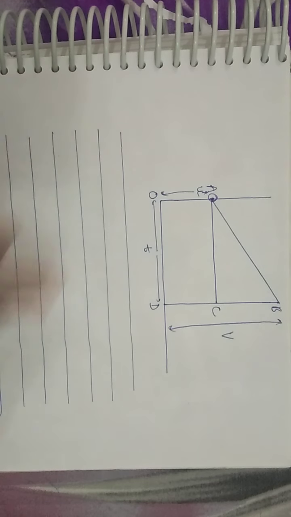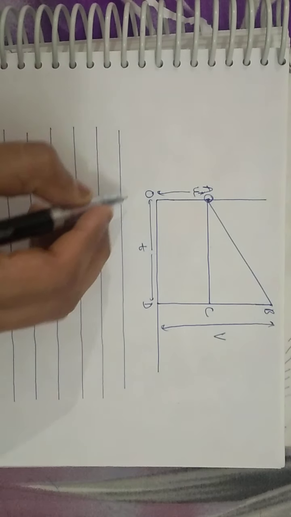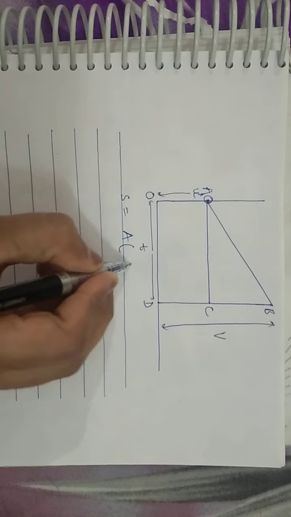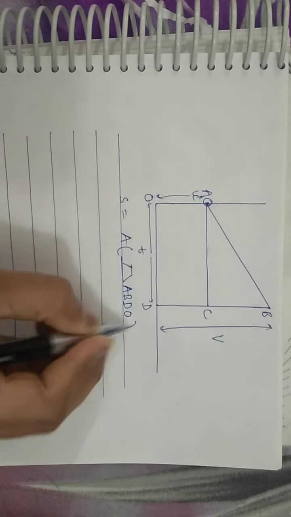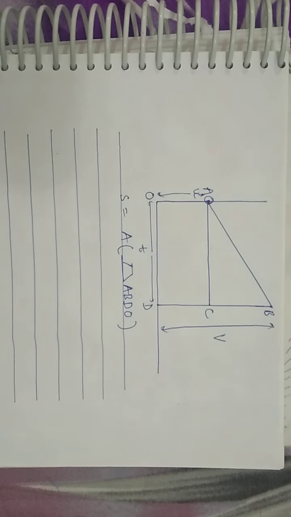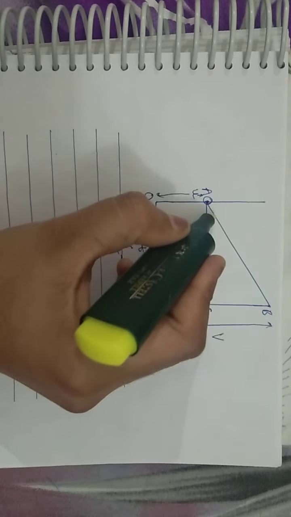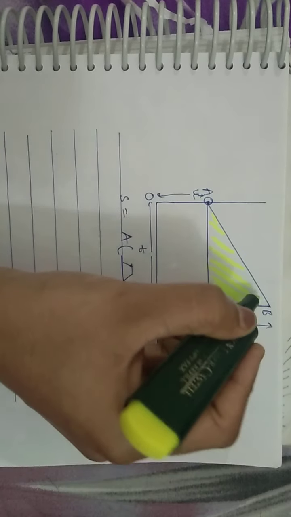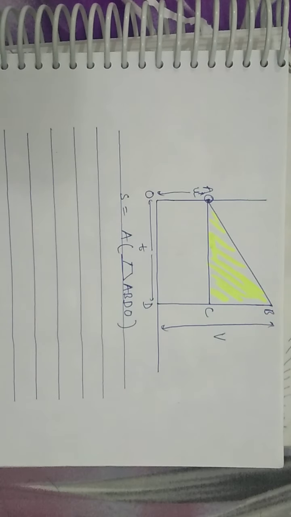Now moving on to the last one. Here also we'll be applying the same formula, that is displacement, which is given by the area of trapezium, that is ABDO. But what we have to do here, students, is that the complete trapezium can be divided into a rectangle and a triangle. So I'm just showing you with a little bit of color so that you can easily differentiate between the triangle and rectangle.